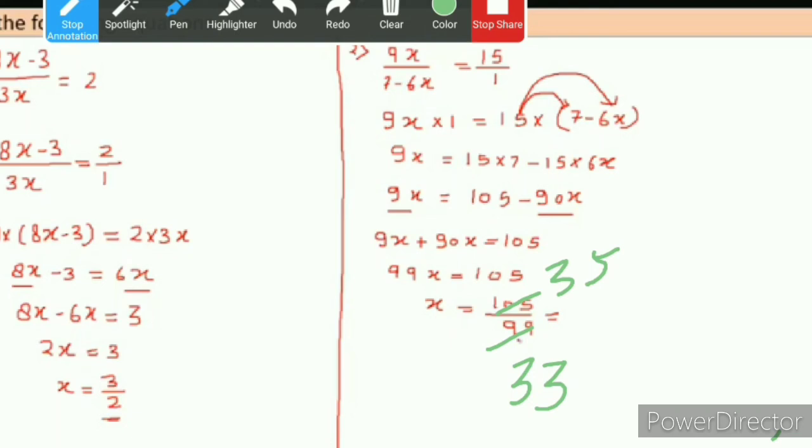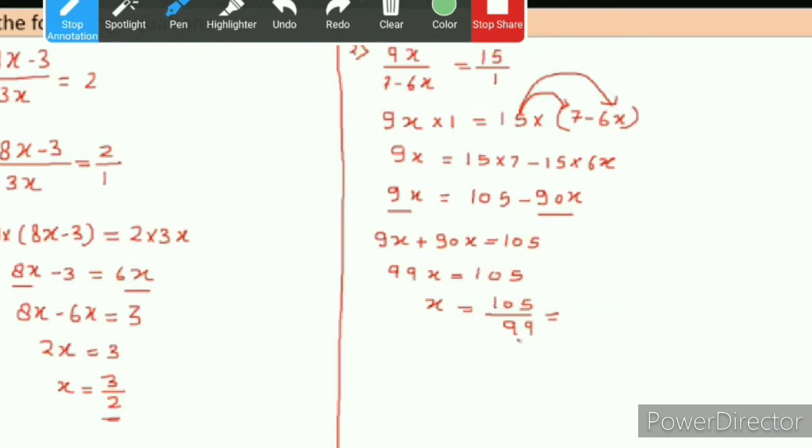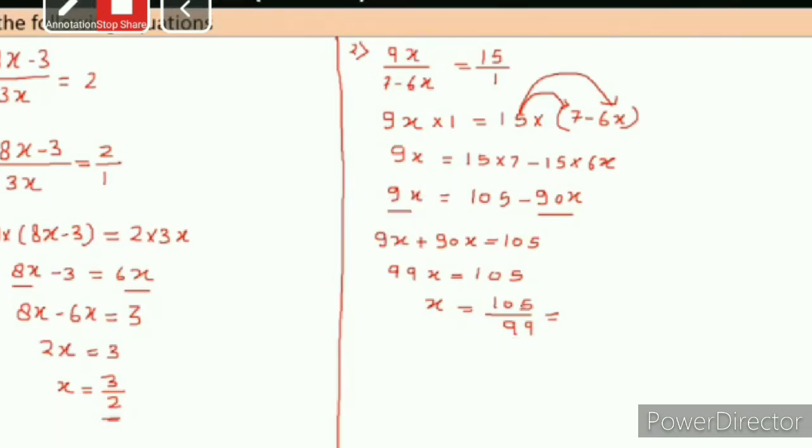Further we can't simplify, so 35 by 33 is the x value of this equation. Got it? Yeah, copy down the solution.